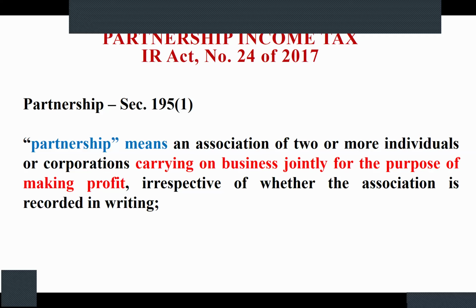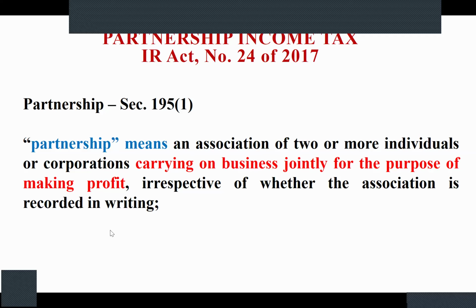So what is the main thing? There should be two or more individuals or corporations. That means alone anyone cannot form a partnership. Then there should be a purpose. The purpose is making profit and it is a joint business.